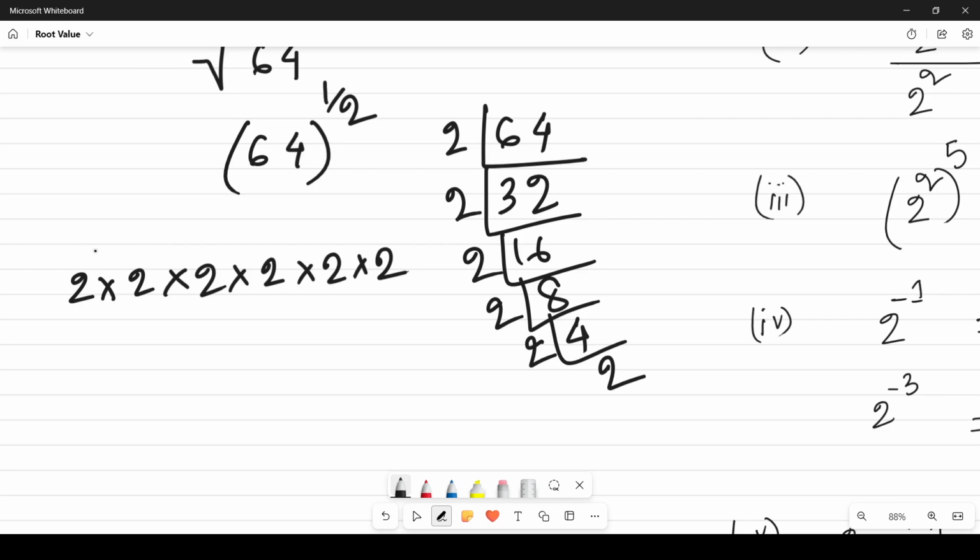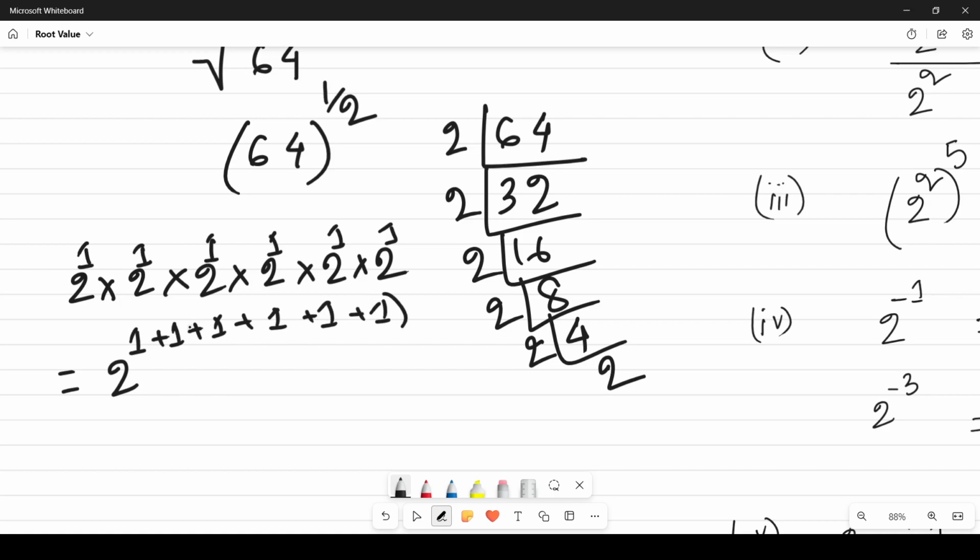So all these twos have what power? 1. All these twos have a 1 on their heads. So look, the bases are the same, 2 2 2 2 2 2. So we can add all these powers. What do we get? We get 2 to the power 1 plus 1 plus 1 plus 1 plus 1 plus 1. So we get 2 to the power 6.